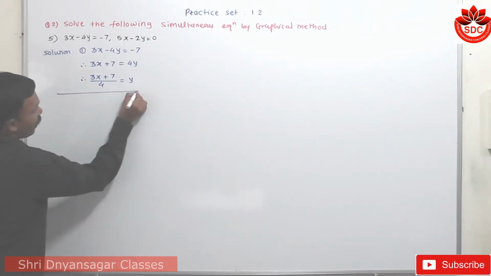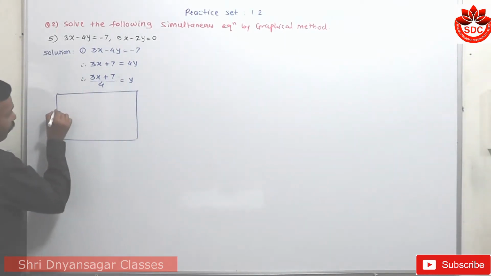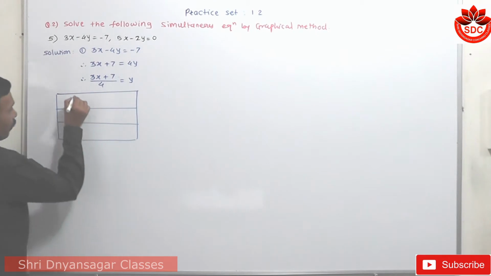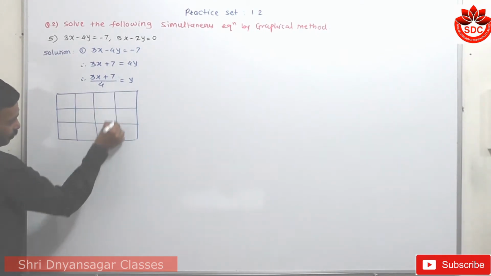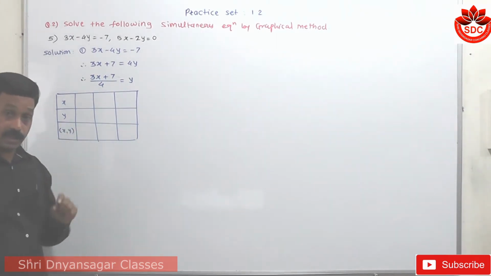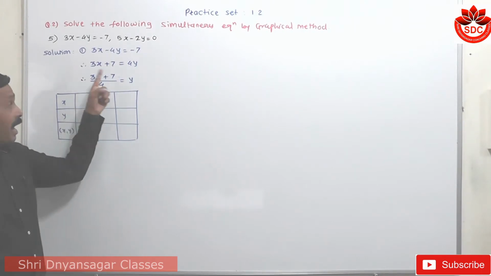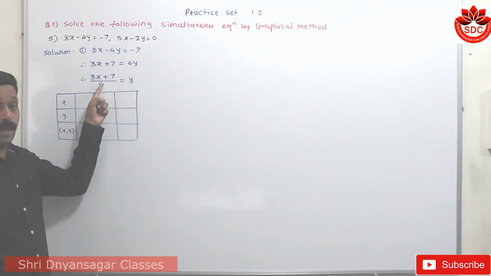For this, take any three values as you like and find out the value of y. Here is x, y, here is the ordered pair. Take such a value of x, students, that we can find its product, then add it and then simplify by using 4.